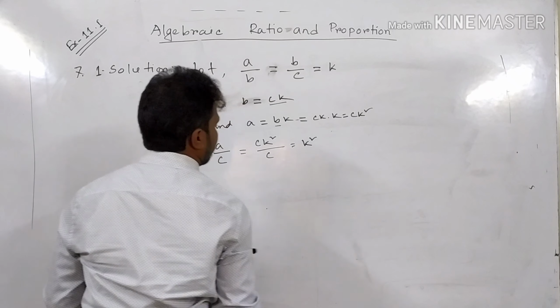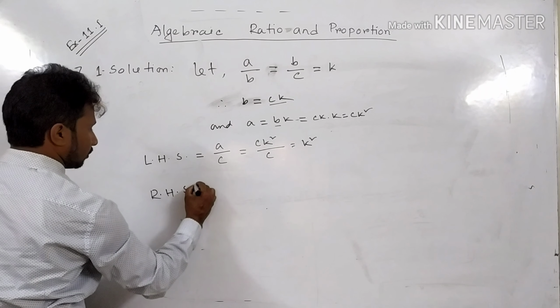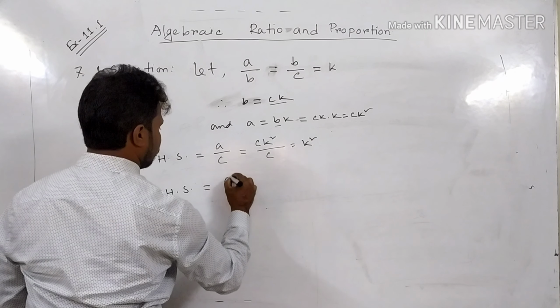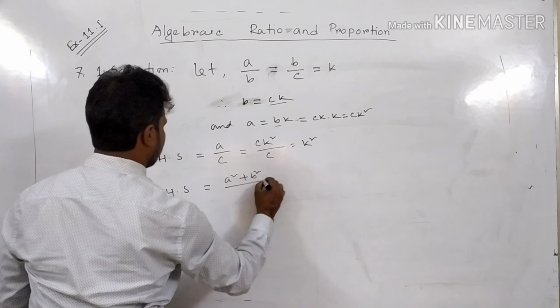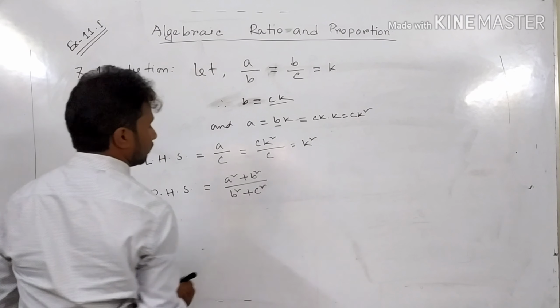And right hand side equals A square by B square divided by B square plus C square.